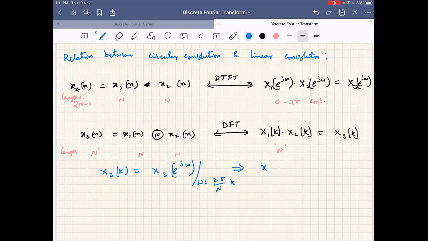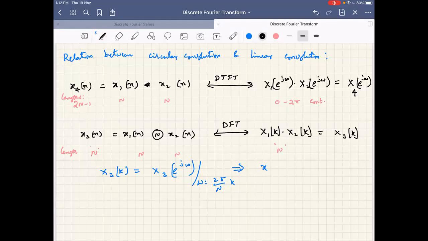For simplicity, or for better understanding, let me define this as x4, exactly like we have defined this convolution as x4 of n here. Its Fourier transform we define as X4 here. Please note, however, that if I sample X4, it means that I am exactly sampling X1 and X2.